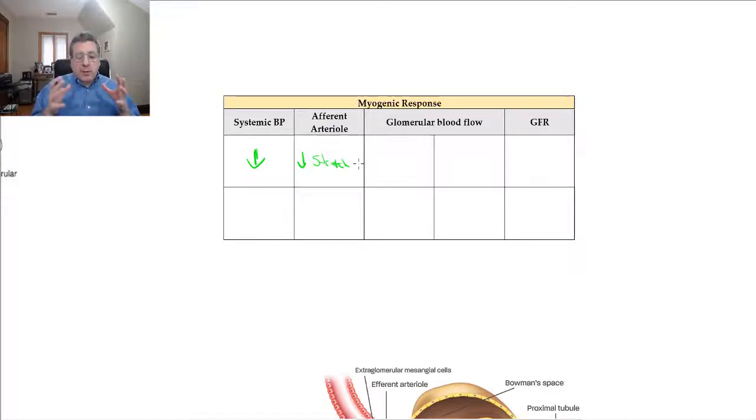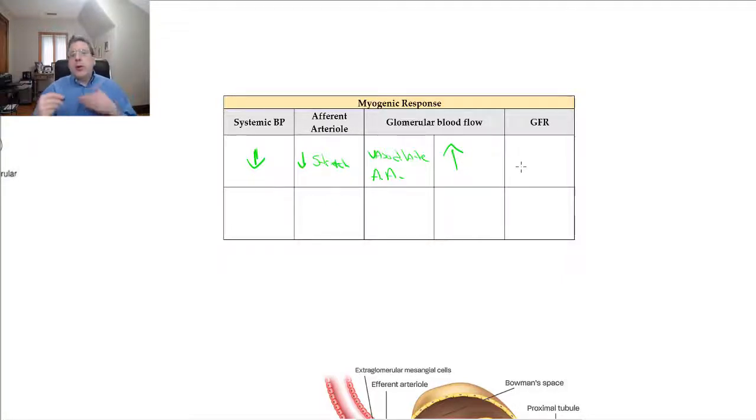Okay, so that decreases the stretch of the arteriole. So what's that do to the glomerular blood flow? Let's look at first, what's it going to do to the afferent arteriole? That is going to vasodilate the afferent arteriole, which is going to increase the blood flow.